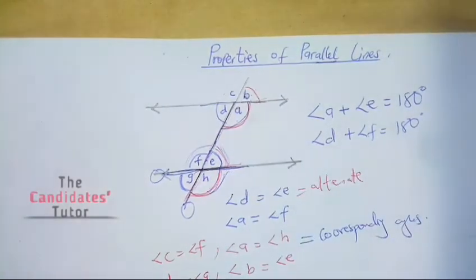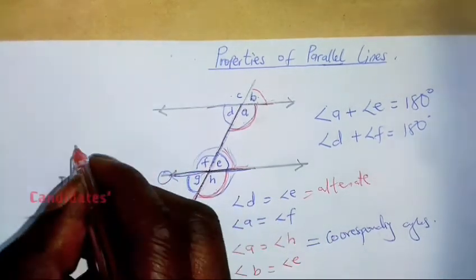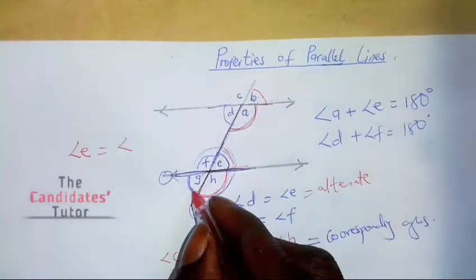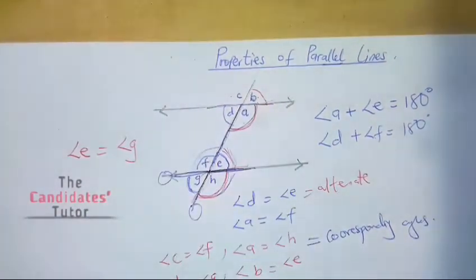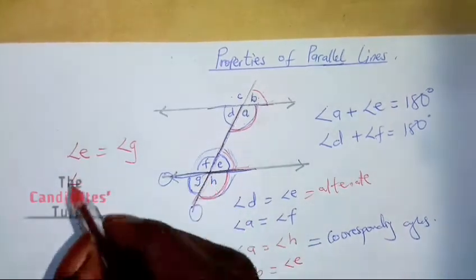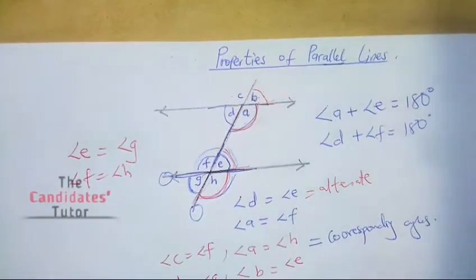So we say they are vertically opposite angles. If you have to write an identity for it, we will say that angle E is the same as angle G, and we can also say that angle F is also equal to angle H, and the property is called vertically opposite angles.